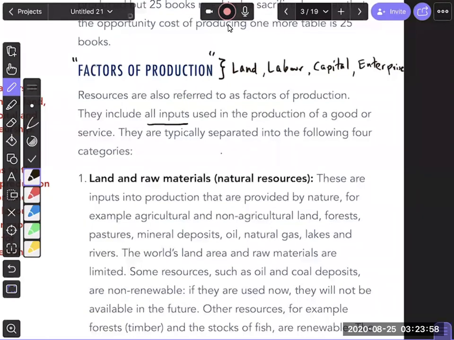What's the benefit that I get, for example, giving my labor services to somebody, or giving my land to somebody, or using my land for something? So we need to look at the benefit or reward we get from them. Once we understand what these are and what benefit they give us, we will be able to understand how to allocate these resources better.